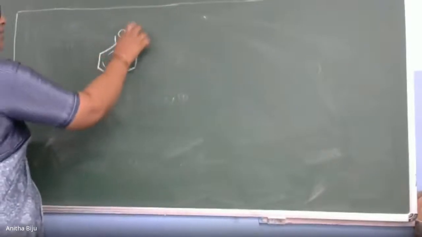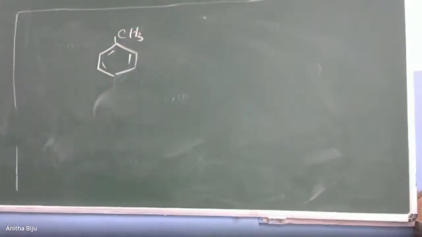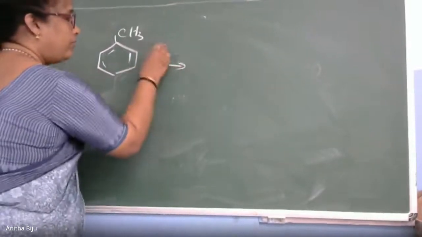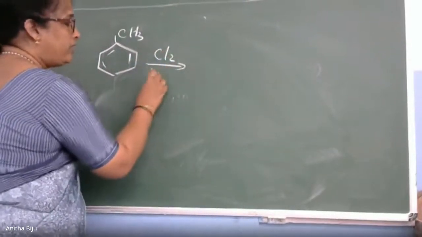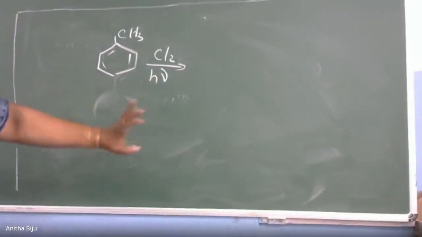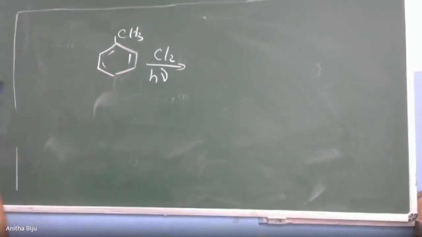benzene with a CH3 group. And the first reaction is chlorination. Chlorination means reaction with chlorine in presence of sunlight. Here we can write the symbol of photon, hν. hν signifies that it is sunlight.